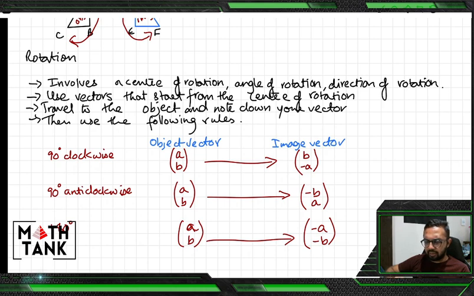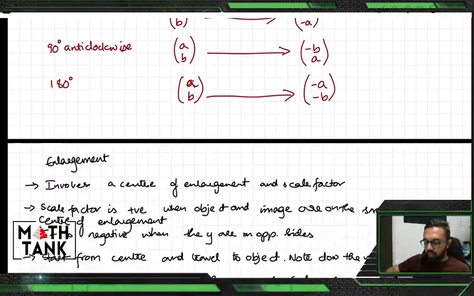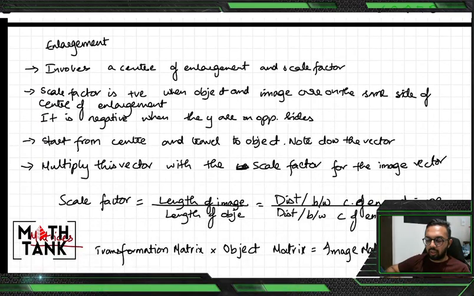I'm going to do that in a bit. A 90-degree anti-clockwise rotation looks like that, and 180 degrees is simply switching the signs of A and B. I will do the rotation for you in a bit, and we will see how that works.